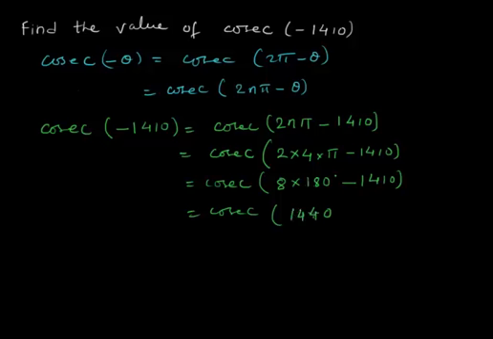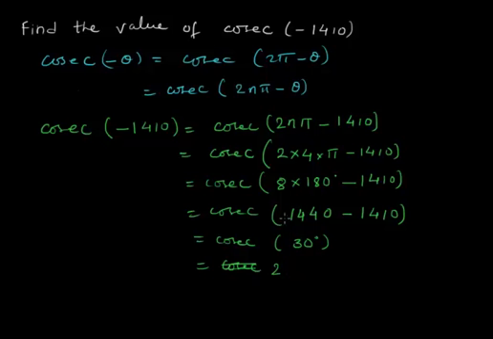This is a value which is very close to 1410 and slightly bigger than that, and a multiple of pi as well. So cosec(1440 - 1410) equals cosec of 30 degrees, and this value equals 2.